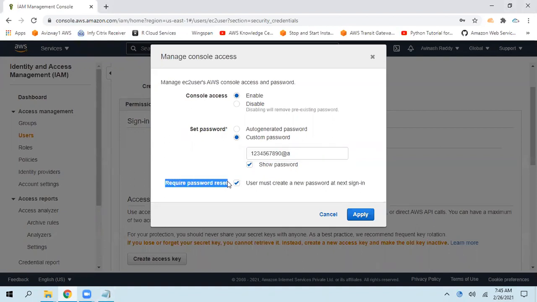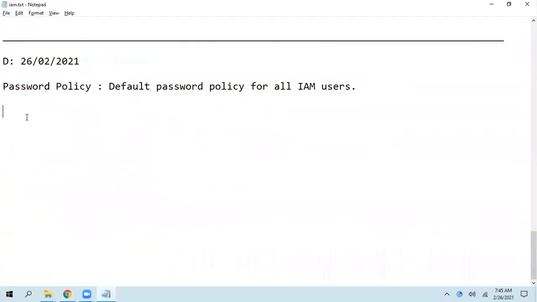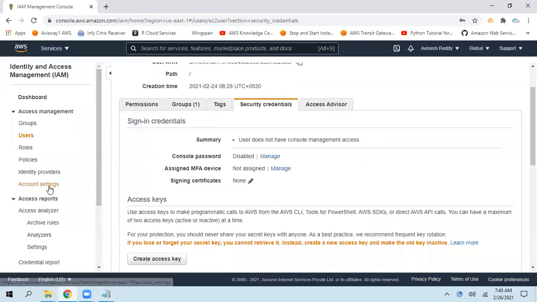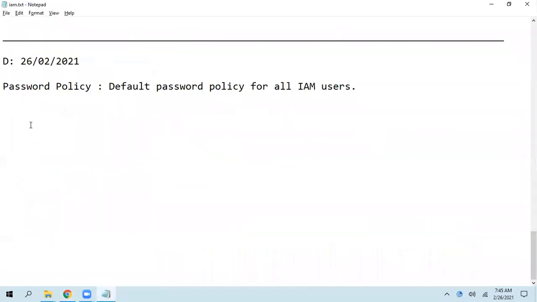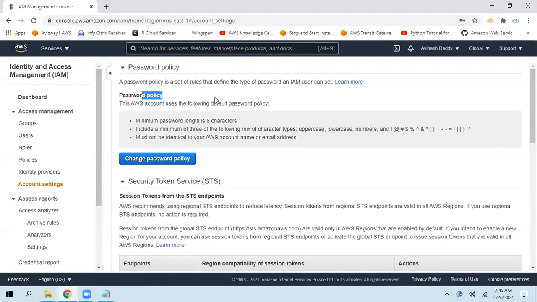Along with that, we have an option, require password reset. When this IAM user is resetting the password, he must follow the same standard. I want to set my own standard. For that, we have an option called password policy. Navigate to account settings, and there we have password policy.